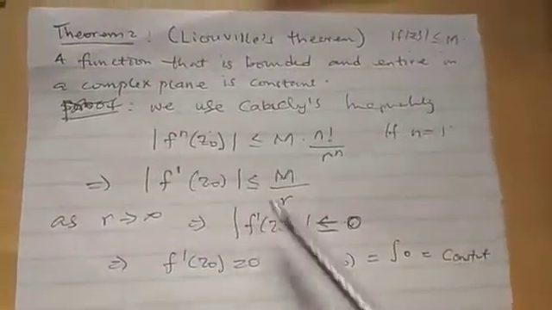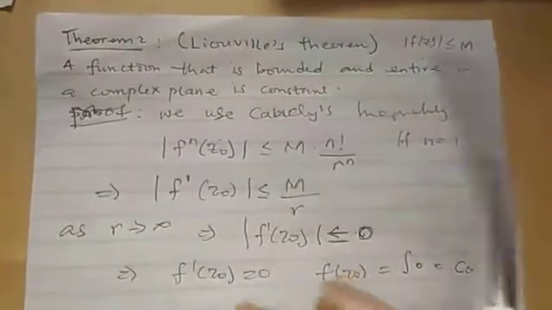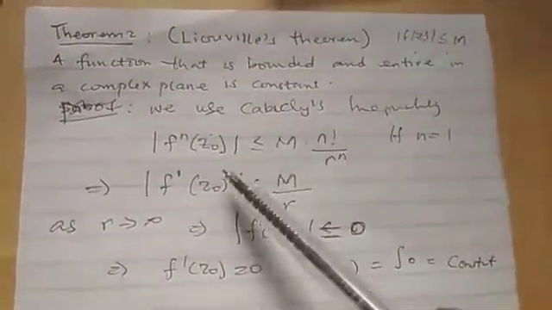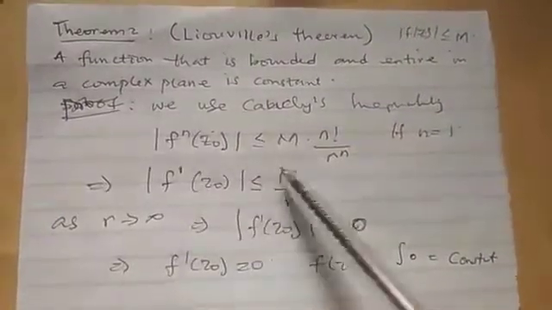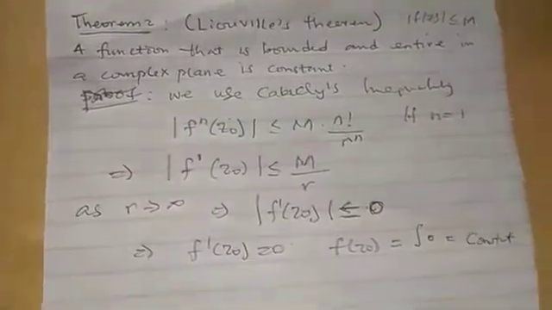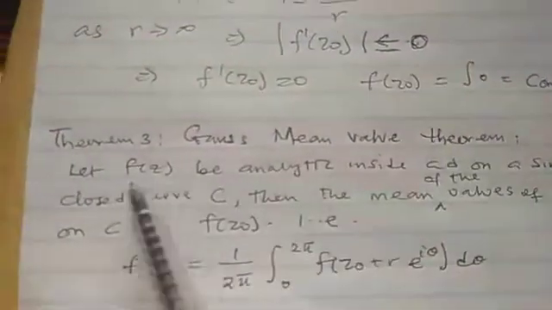This function is analytic everywhere and also bounded, which is why we use Cauchy's inequality. Now let's consider another theorem. Our theorem 3, we call it the Gauss mean value theorem.